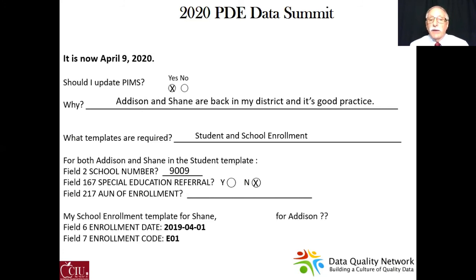And I'm providing the education, so what do you think should be in 217? It should be my AUN. And on the enrollment template for Shane, the enrollment date would be April 1, and the enrollment code coming back would be an E01. For Addison, very likely it should be the same, right?